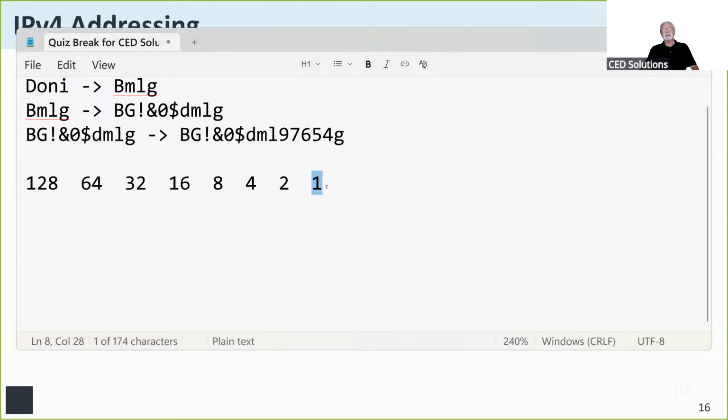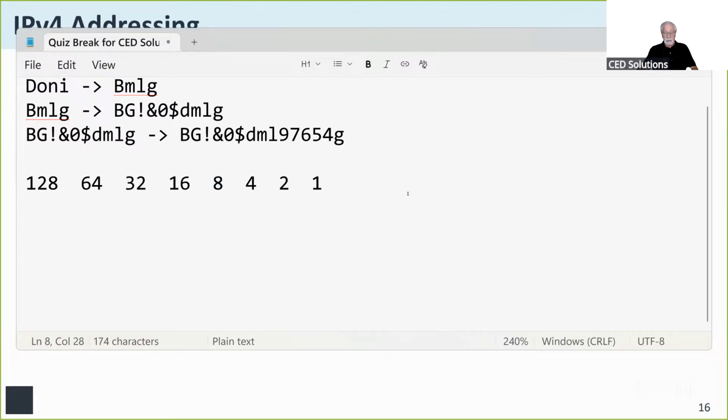So all numeric systems begin with a value of 1. Now, I chose these values here because we're talking about 8 binary bits. So moving from right to left, this is 2 to the first power, 2 to the second power, 2 to the third power, and so on, all the way up to 2 to the 7th power here.